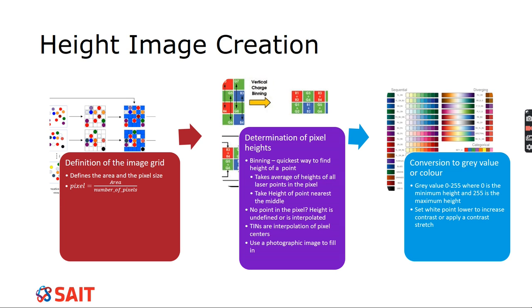It is a number of pixels over an area. Your conversion for pixel size is the area of the entire scene divided by the number of pixels, and that tells you your pixel size. You should know the area of your entire scene, because you define that before you even collect your data points, and then how many pixels you actually want. There is a possibility to define this differently, but this is the simplest version of it.